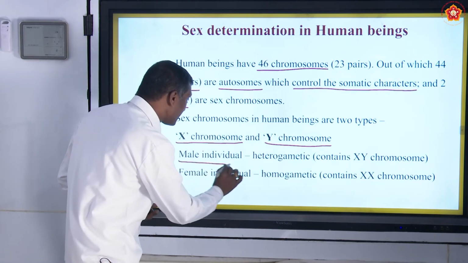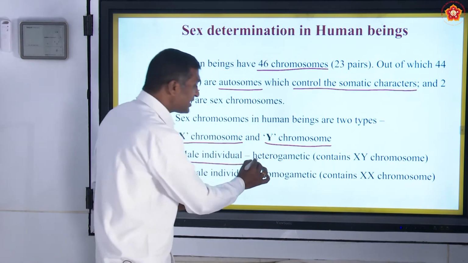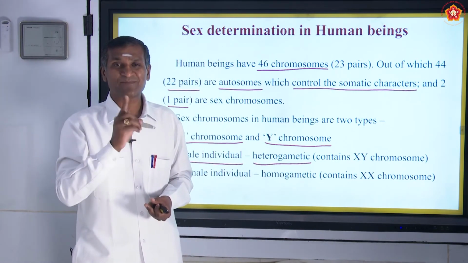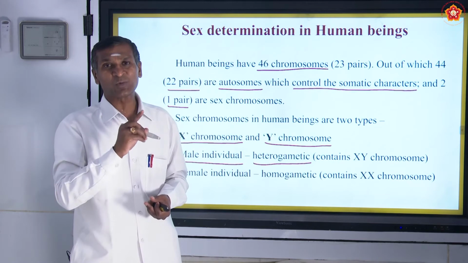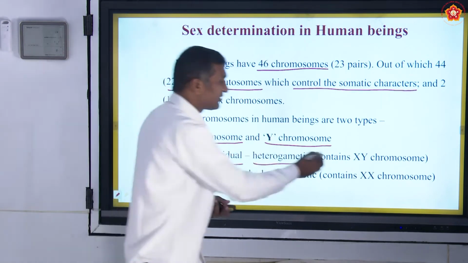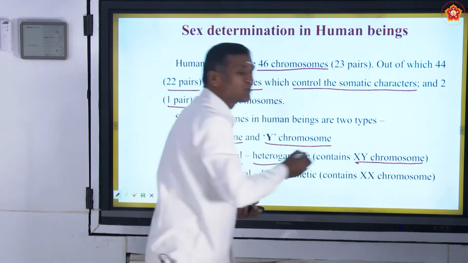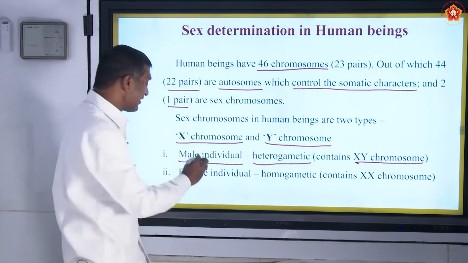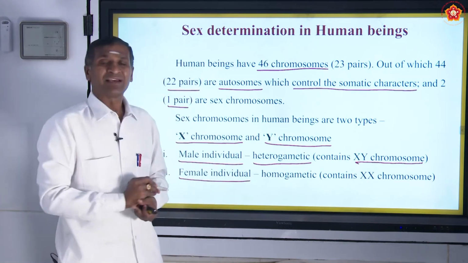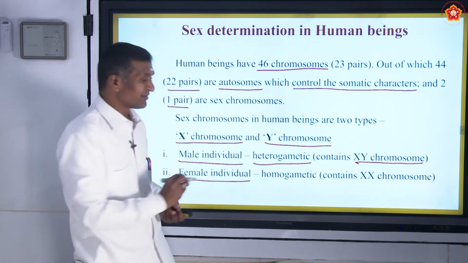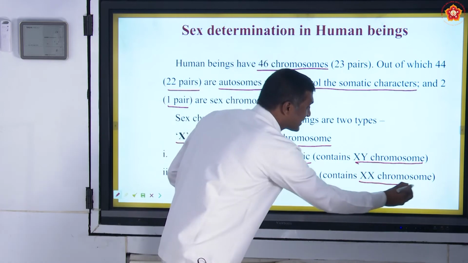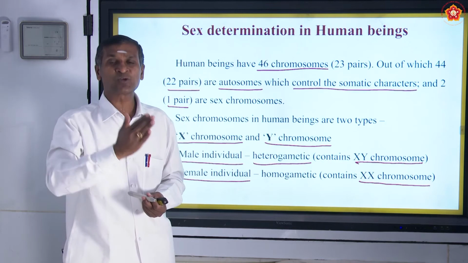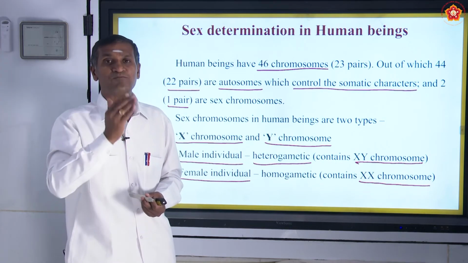The male individual is heterogametic because the male contains X chromosome and Y chromosome. Here you can observe XY chromosome. Hence, male is heterogametic. Female individual is homogametic because it contains XX chromosome.